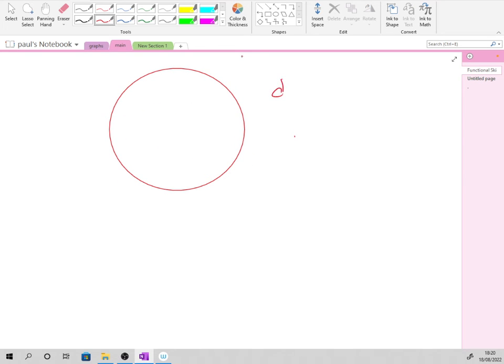Right, okay, this time the diameter equals 14.4 centimeters. Now, you know that the area is pi r squared. So I'm going to use 3.14 times r.